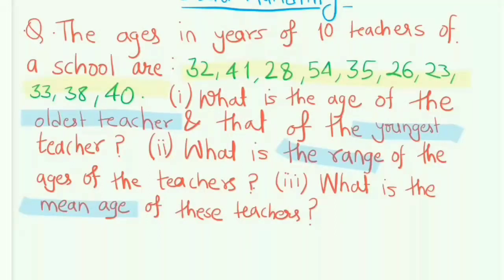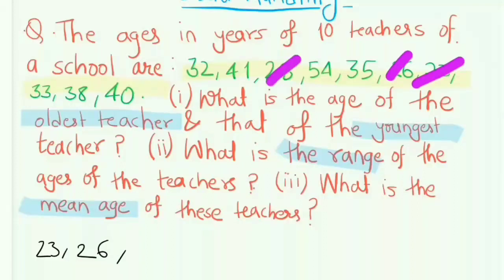Youngest, 32, 41, 23 seems to be the youngest. So 23. Then we have 26. Then we have 28.